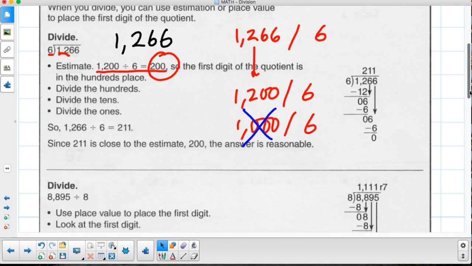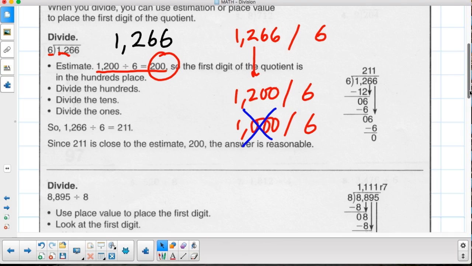Sammy? This number is not compatible with 6. 1,000 is not compatible with 6.